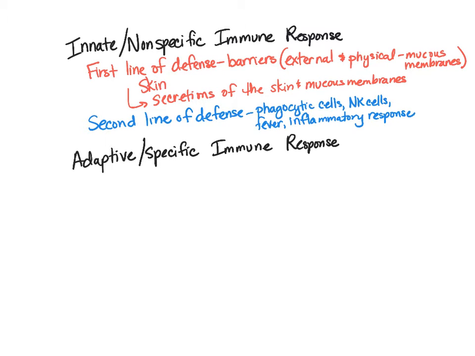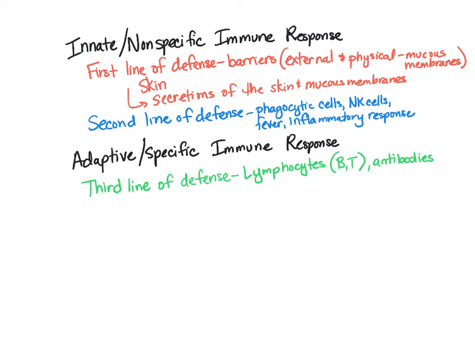Then our third line of defense is down here as part of our adaptive or specific immune response. And so our third line of defense, this is when we're going to be taking a look at those specific lymphocytes, the B and T cells, and then also we'll be taking a look at antibodies, so utilizing antibodies in the body, and then also macrophages are a part of our third line of defense here, our adaptive or specific immune response.